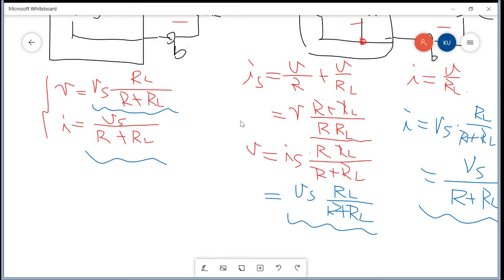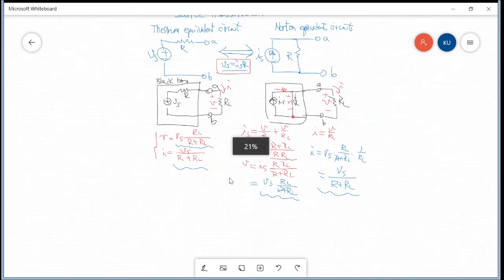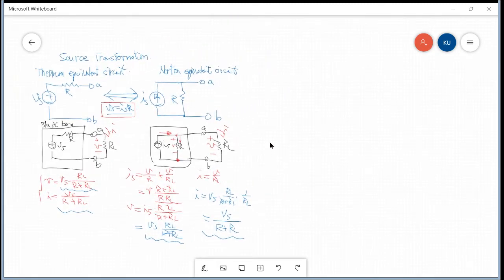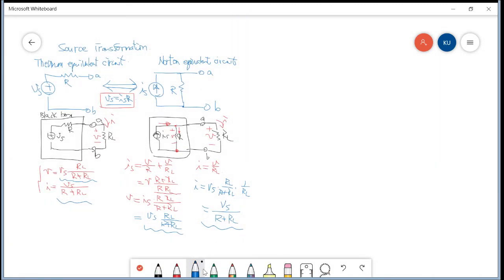Okay, example 4.6. So we have the source transformation. This is the first technique.